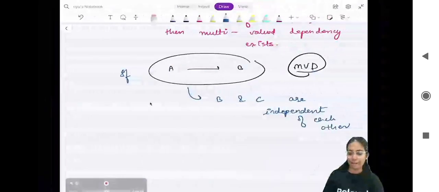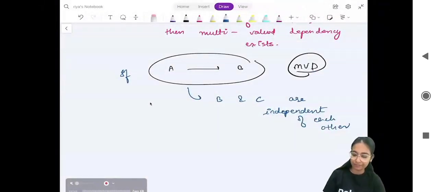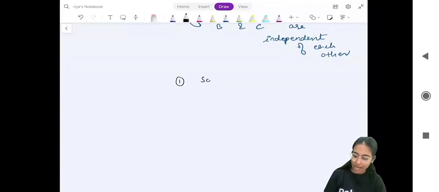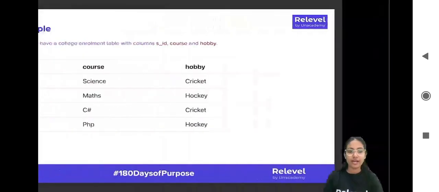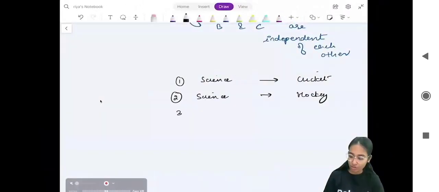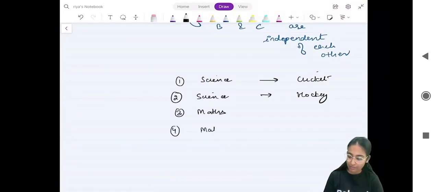If science is a course, the corresponding hobby is cricket, and then if he or she has a second hobby, you should mention hockey as well. And if they have opted for maths also, then you should write maths 2 times, because there were two corresponding hobbies for that.